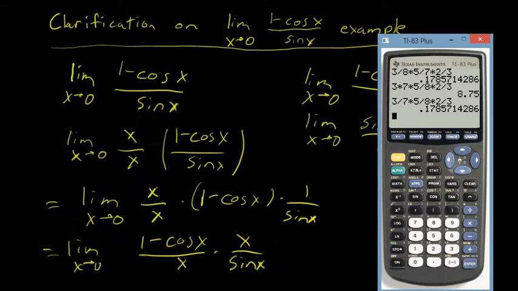Now let's say, what if we made 2 swaps? So we did 3/7 times 5/3, so we accounted for a 7 in the denominator, a 3 in the denominator.